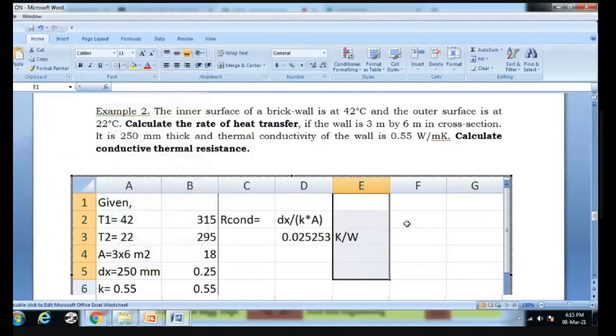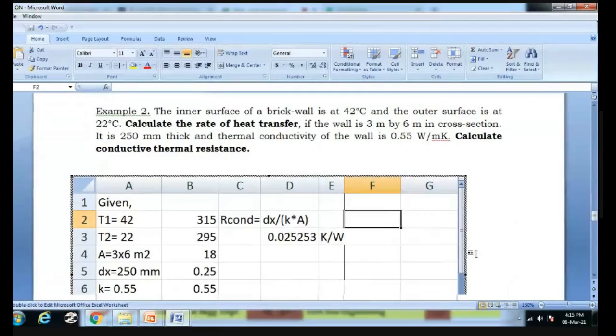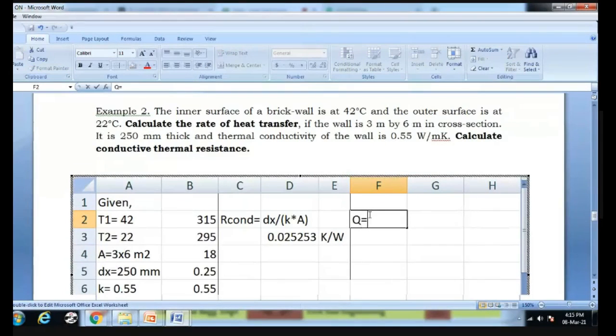Heat transfer Q. Now you can calculate Q. Q is equal to the heat transfer rate now. What is Q? K into A into dT. I'll make dT because this is change in temperature, right? It's fine.